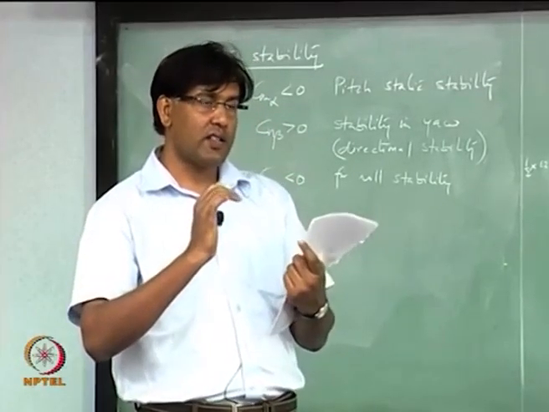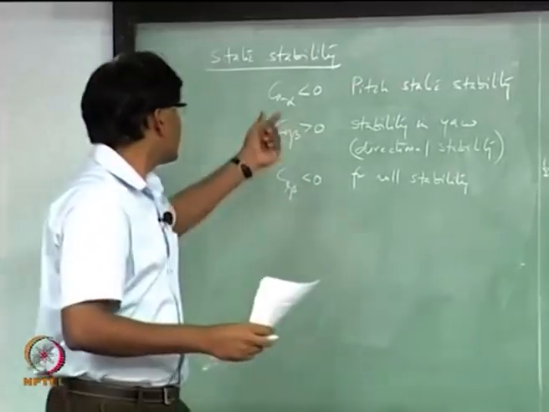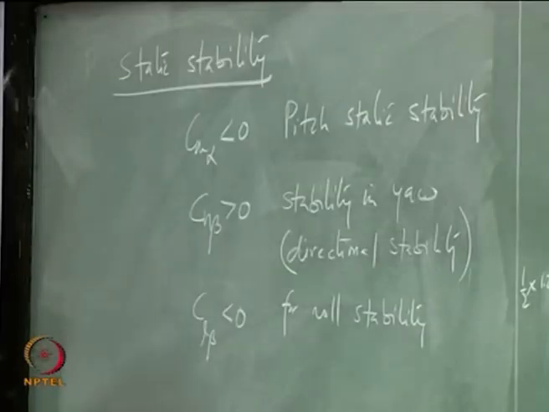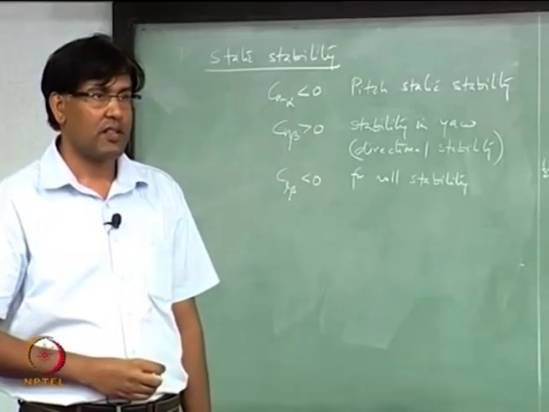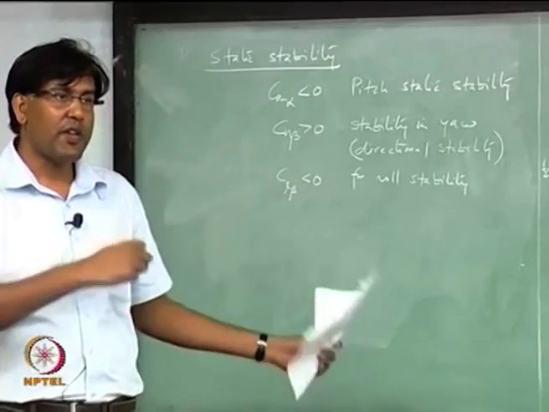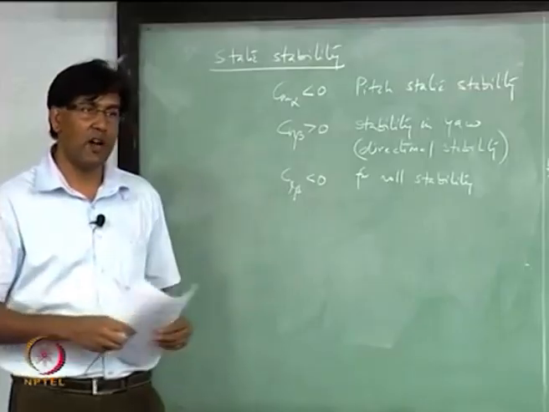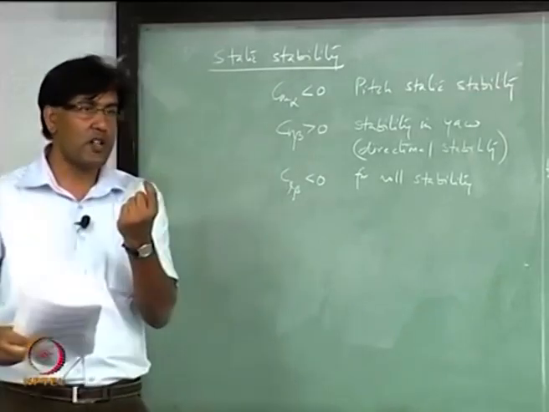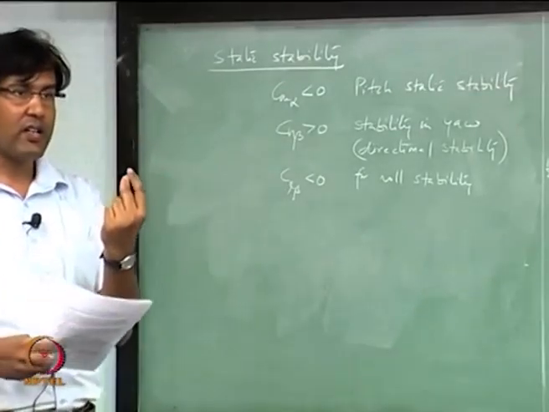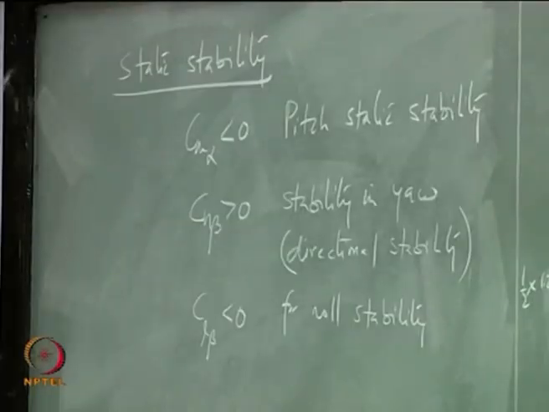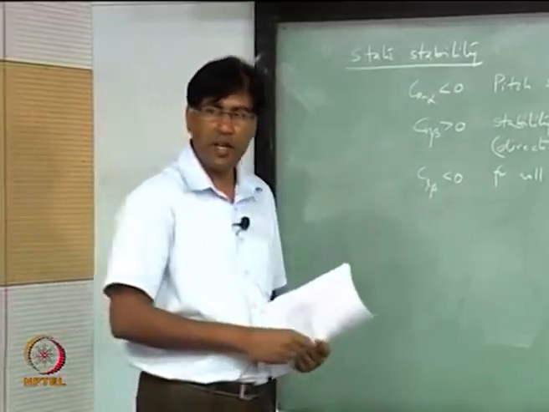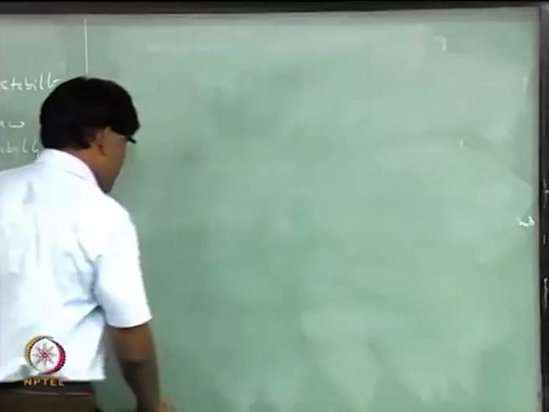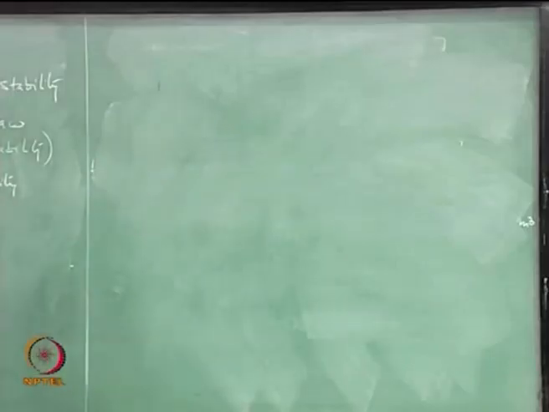An aircraft has a natural tendency because of this term to kill that alpha, right, but is that really happening, right. That we will be able to see only when we look at the evolution of that disturbed quantity in time, right. So, we have to look at the time response of that perturbed variable, right. So, dynamic stability is related to the time response.